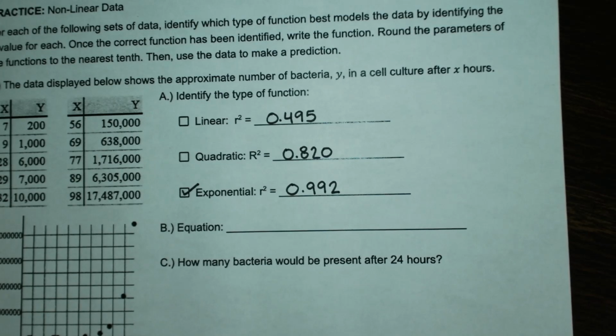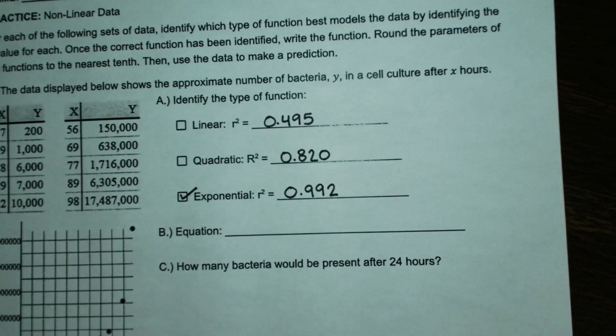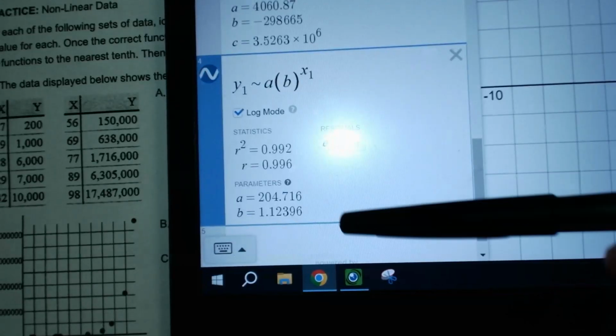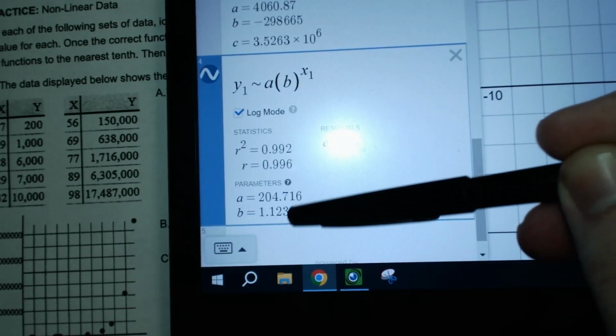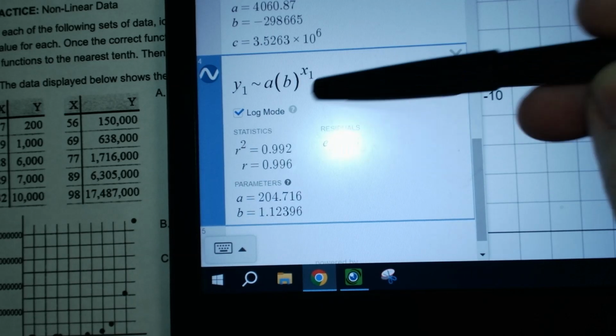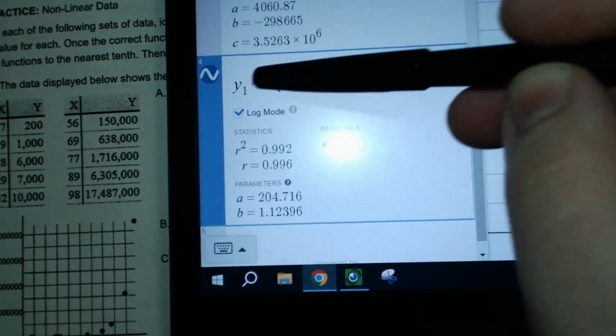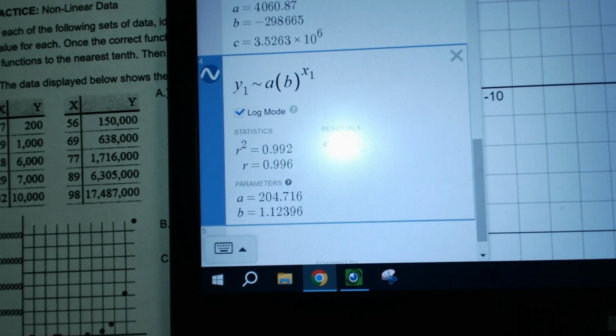B says, okay, what's the equation now that you've said exponential is the best choice. So hopping back over to Desmos, I'm going to put these two numbers, this A and B that I've got here, rounded off, into this format, starting with y equals. You don't have to write the y1 squiggly. Here we're just writing down y equals.